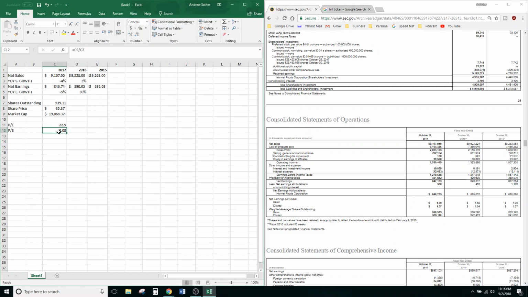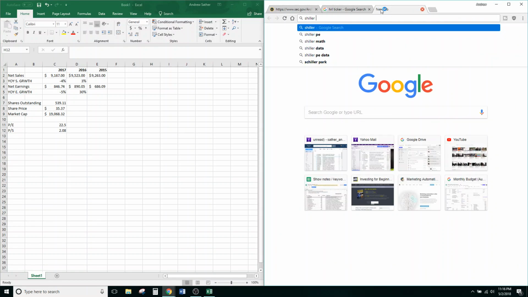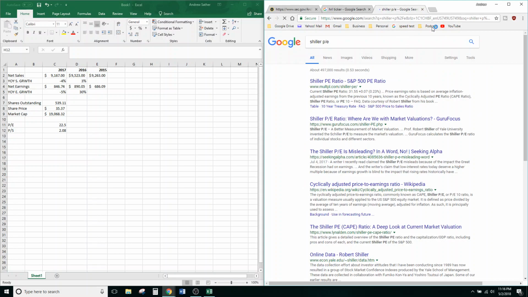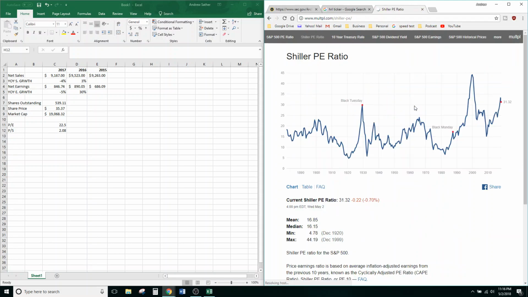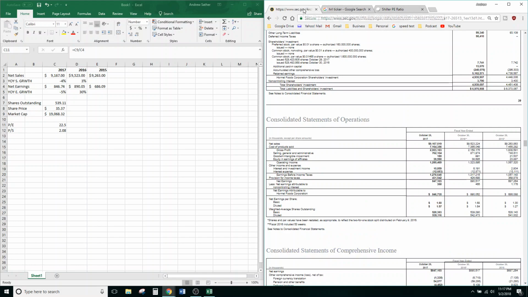But at 2 and the PE of 22, those are not bad, especially considering that the Shiller PE right now, I believe, is coming close to 30. Yeah, we're looking at a 31. So a good PE in relation to the overall market.